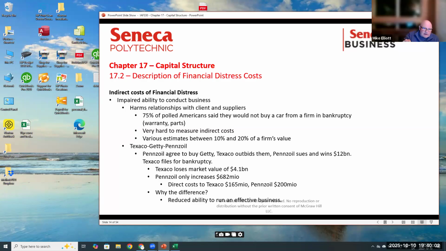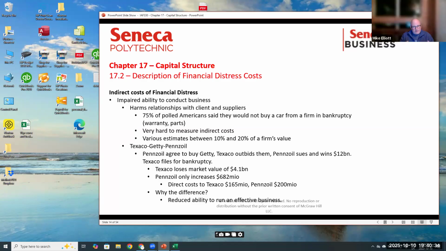The second they do that, Texaco stock gets hammered. The market value of their company dropped by $4.1 billion. Pennzoil, who's going to sue and win for $12 billion, only goes up by $700 million. Why? Why does Texaco, who now has to pay $12 billion, lose $4.1 billion, and Pennzoil, who's going to collect it, only gets $682 million?